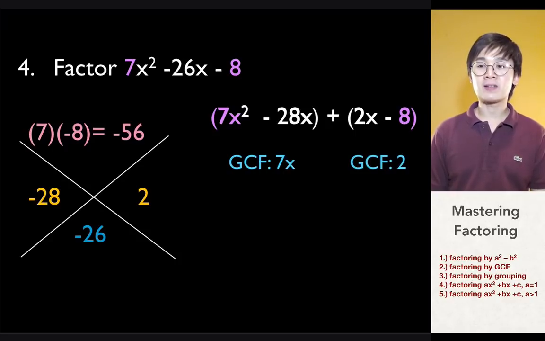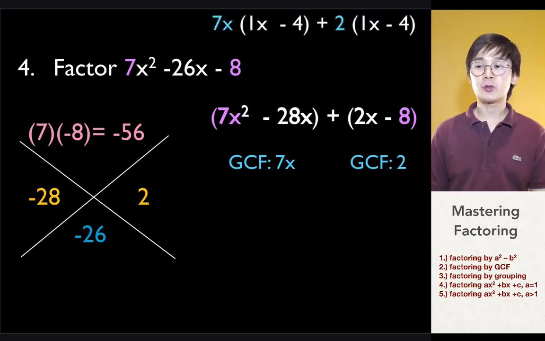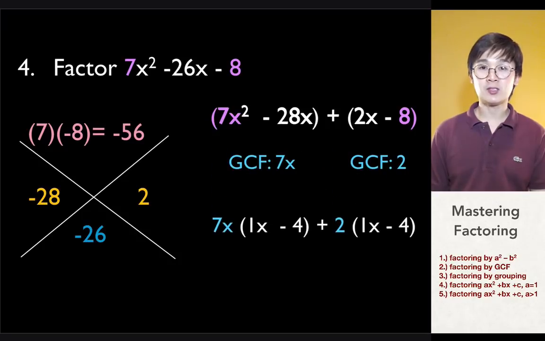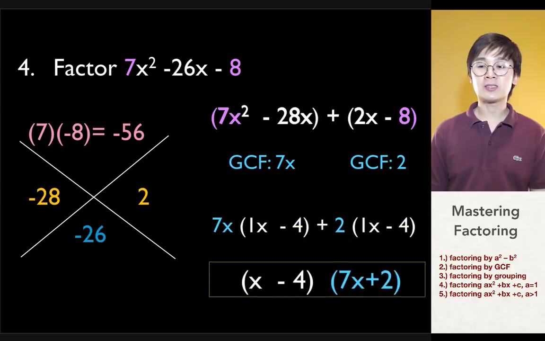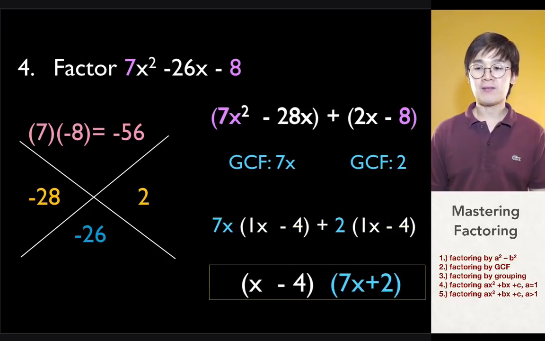And by undoing the distributive property, the first group will give us 7x times 1x minus 4, and the second group will give us 2 times 1x minus 4. And 1x minus 4 is a common term, so the final answer will simply be x minus 4 times 7x plus 2. And these are the factoring techniques that we are going to use in algebra.